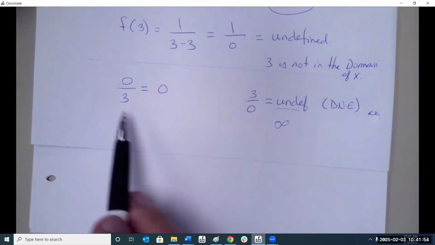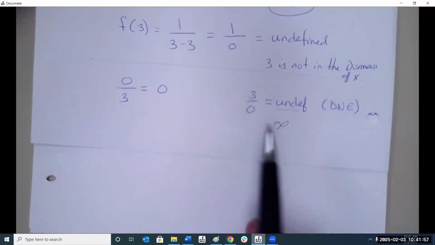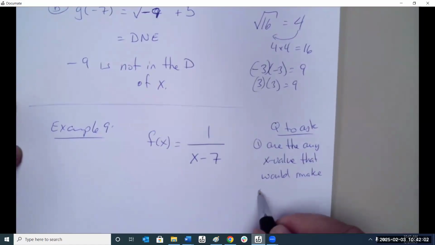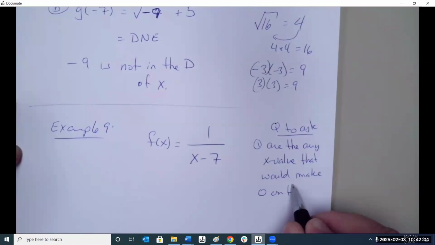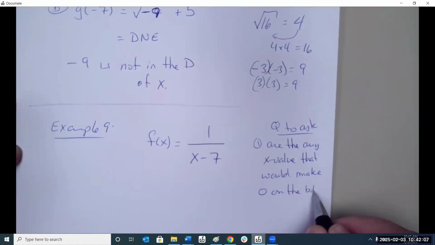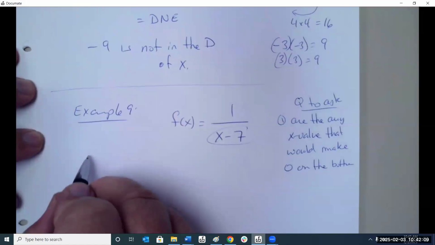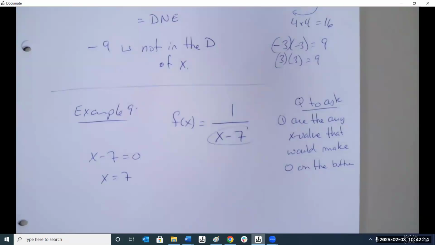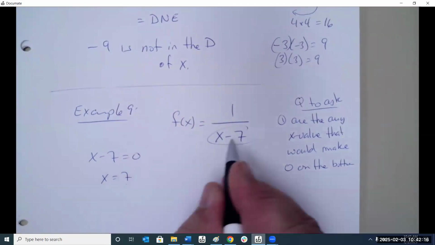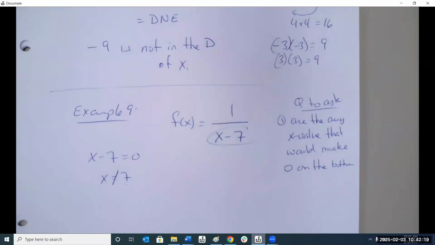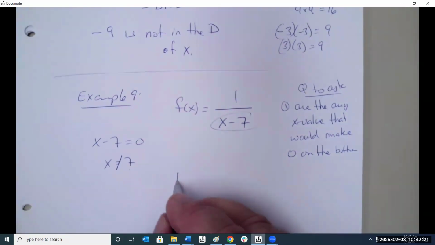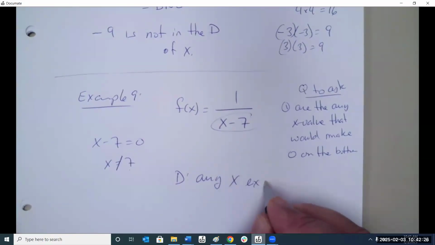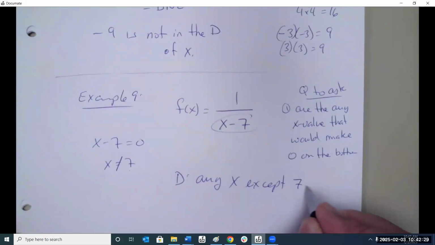In a fraction, you cannot have 0 on the bottom. So are there any x values that would make 0 on the bottom? Yeah, so take this equation, x minus 7 equals 0. Because 7 would make it 0, we cannot use that. So our domain is any x except 7. That's our domain.